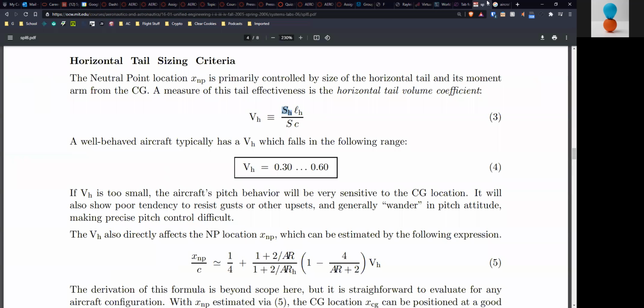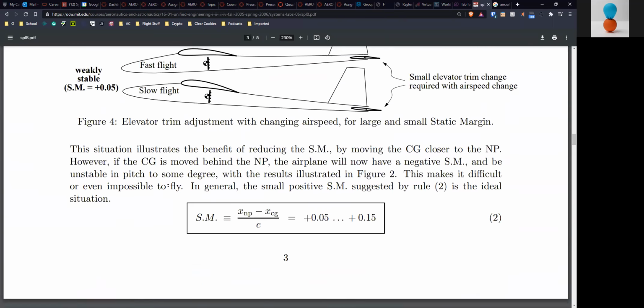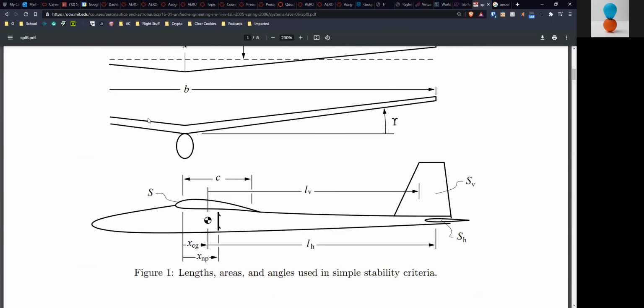So this S is the area of your entire horizontal tail surface, and then the L is the distance between the aerodynamic center of the horizontal tail surface and the aerodynamic center of the wing... Well, that's what these pictures are for.